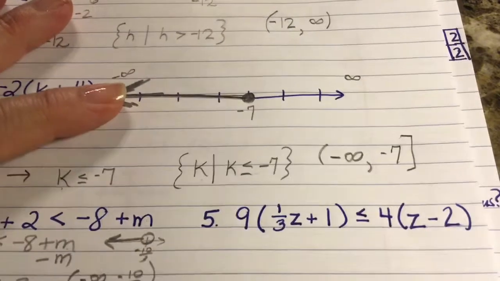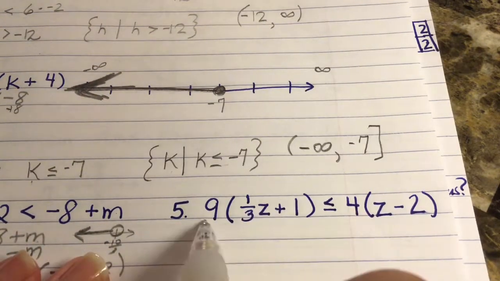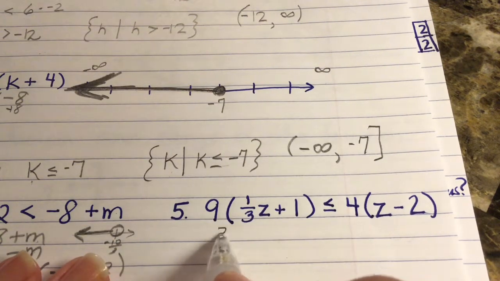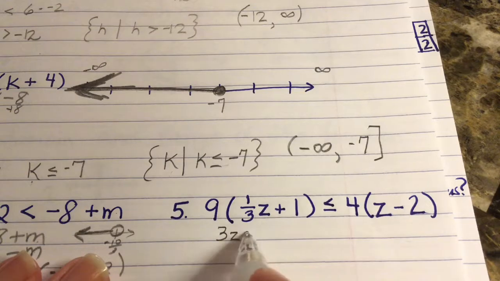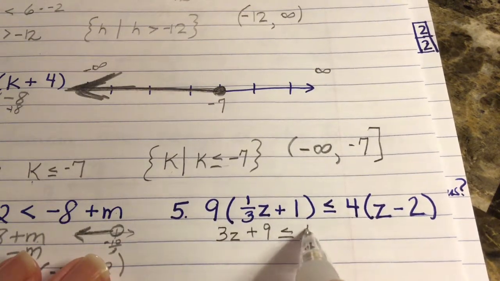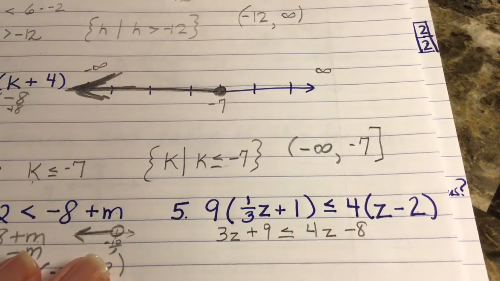Okay, my last one, I'm going to distribute on both sides first. 9 times 1/3 z would be 9/3 z, which is 3z. 9 times 1 is 9. Less than or equal to 4 times z is 4z. 4 times -2 is -8.